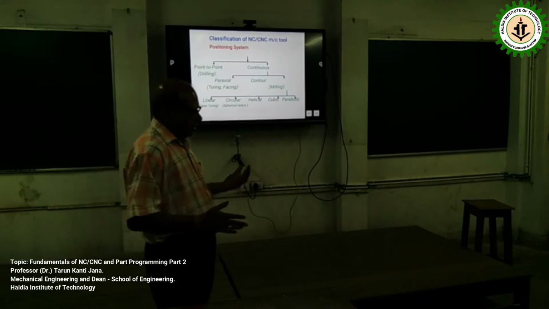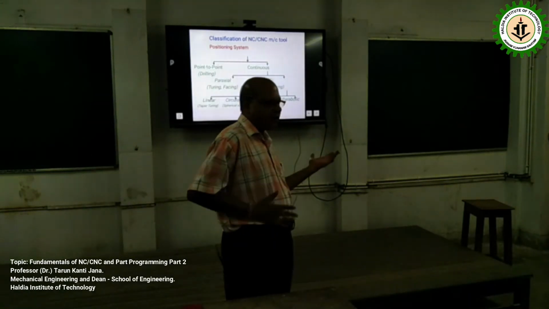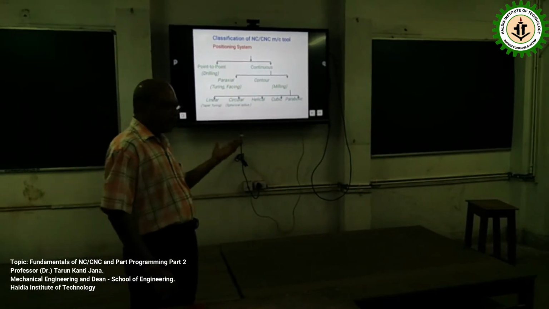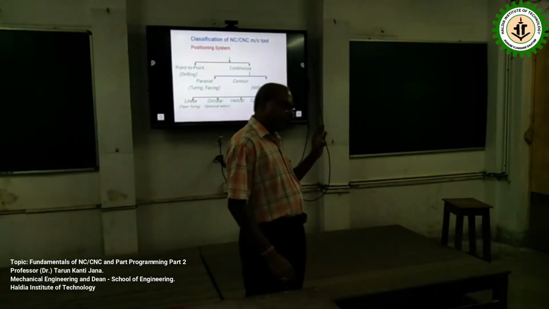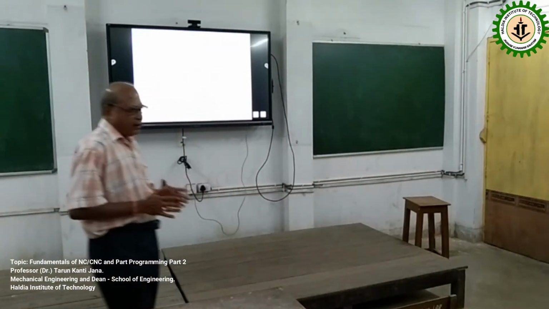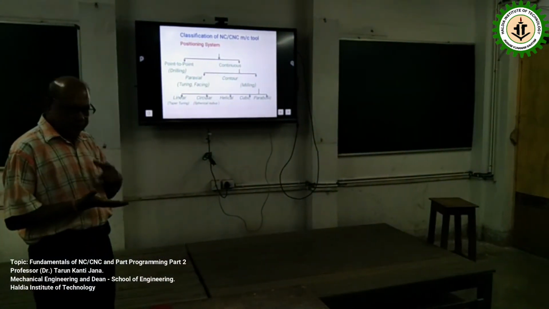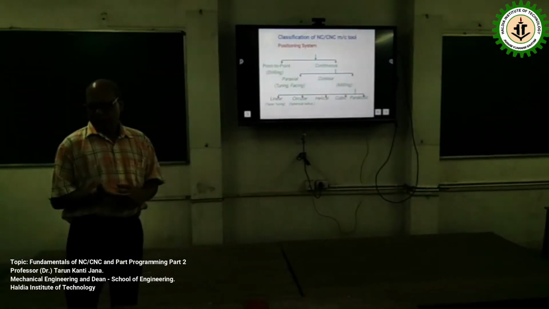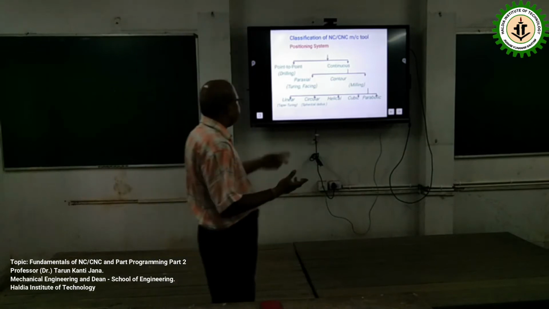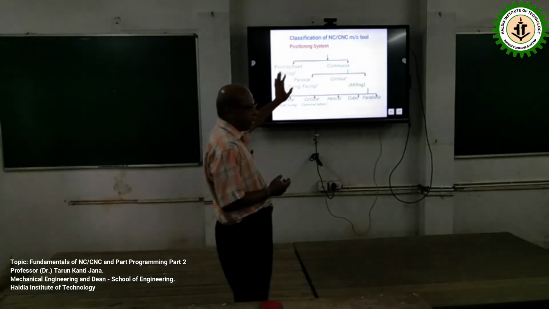In any conventional CNC machine, these modes are prominent or available. If you go for a higher level, then you have to go for another category of machine which is very special. Usually point to point, straight line and circular interpolation. These three are permissible. Based on that, it is classified on the positioning system.